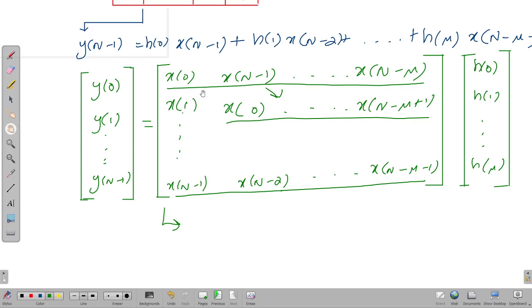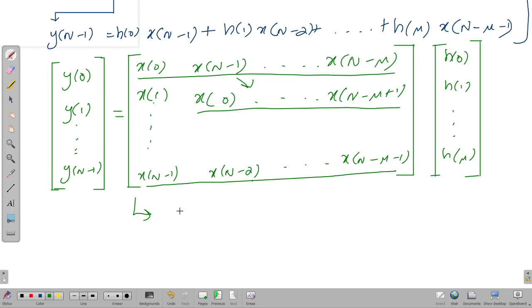So this is one way of seeing that it is in fact a circular convolution happening.